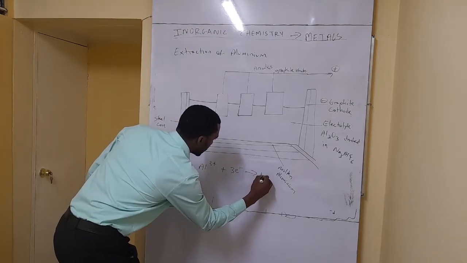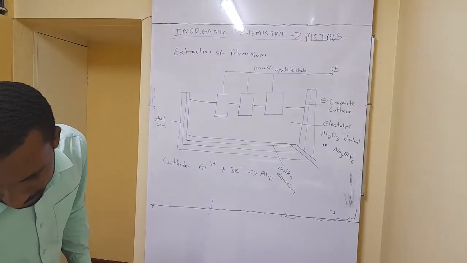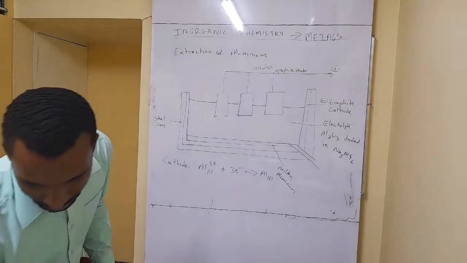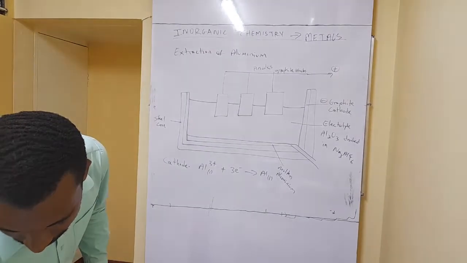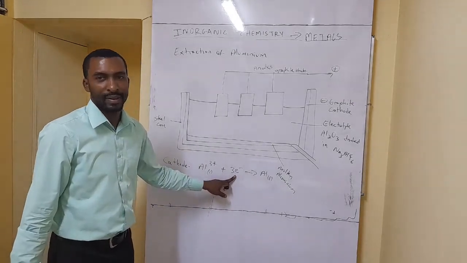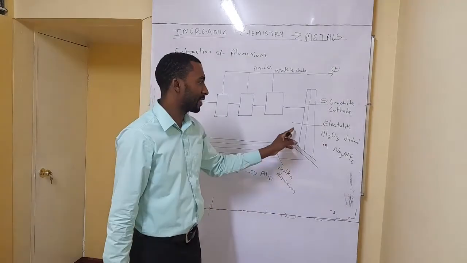Al3+ plus 3 electrons produce Al liquid. Plus what? 3 electrons. It is going to be supplied from the electricity that's going there at the cathode, right?